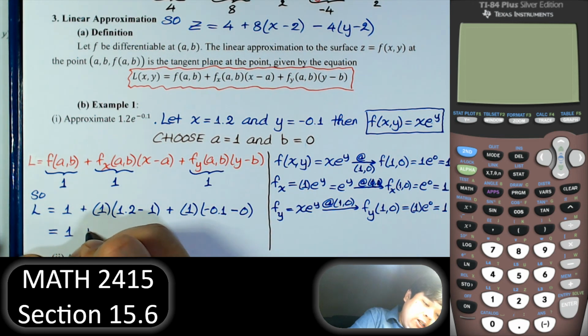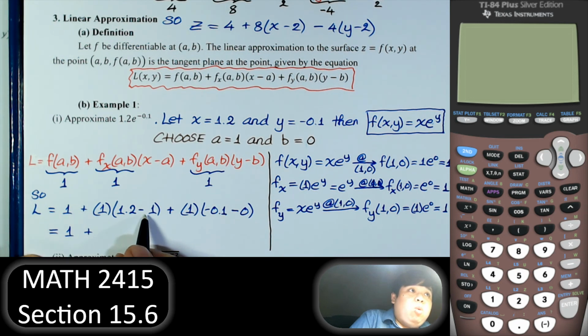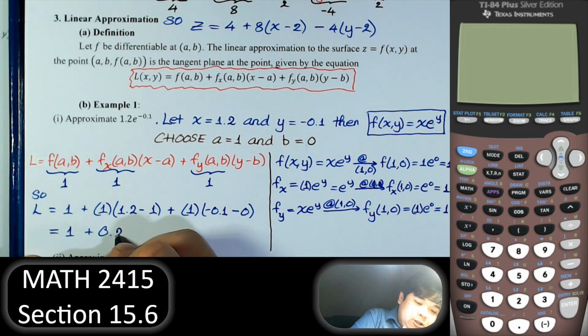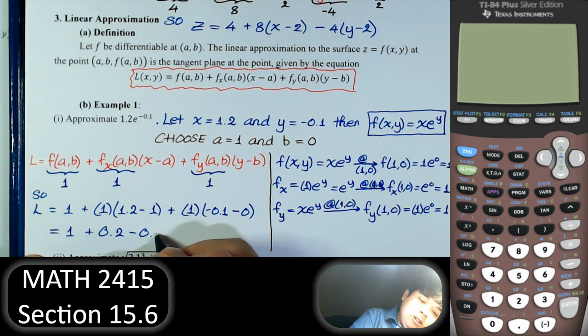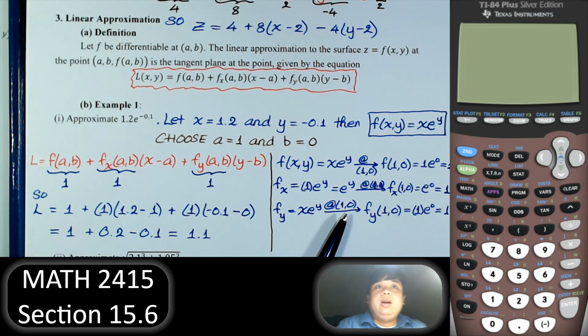So we have 1 times 1.2 minus 1, that is 0.2, and 1 times minus 0.1. So we have 1.1.